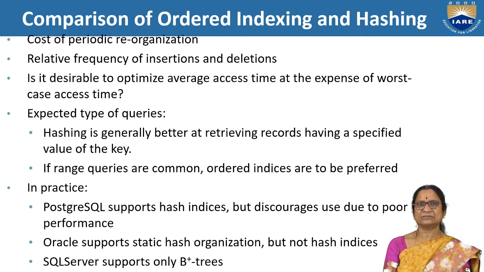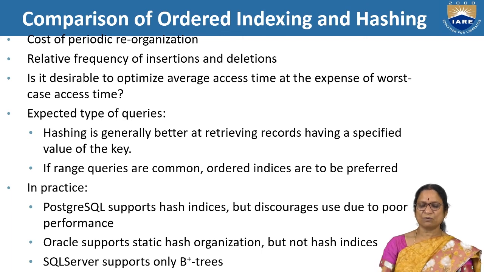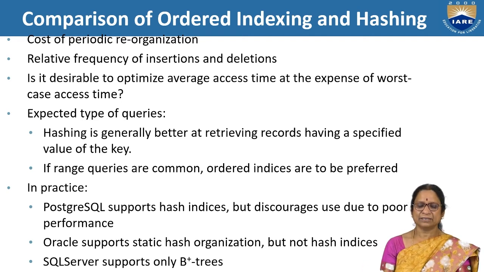So what have we generally learned? Hashing is generally better at retrieving records having a specified value of the key. If range queries are common, ordered indices are preferred. So if individual queries are there, hashing is better. If range queries are there, then ordered indices are to be considered.